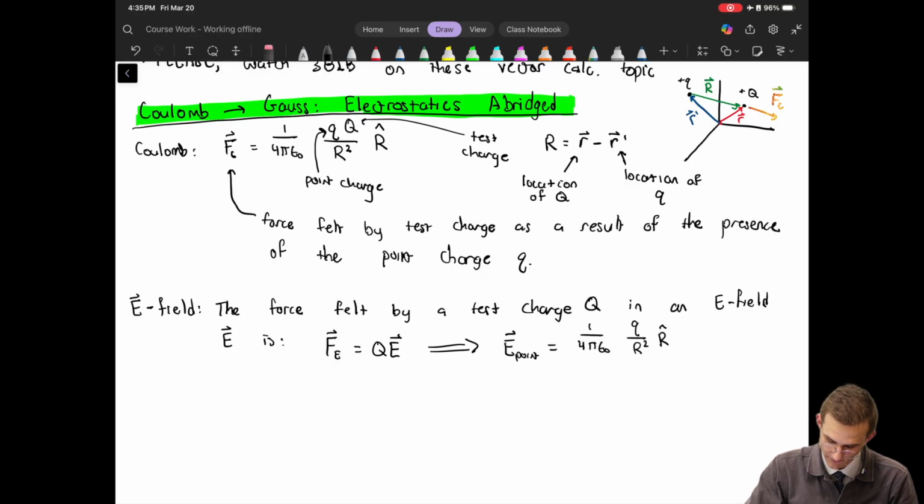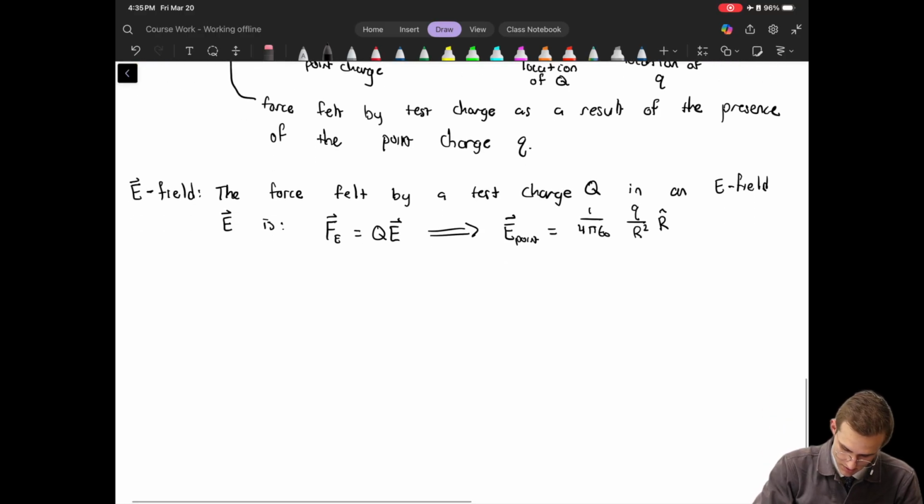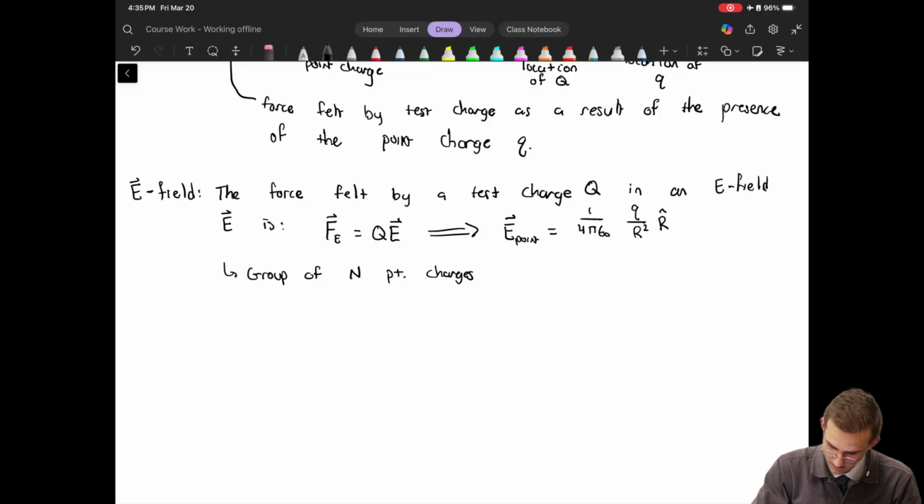If we had a group of n point charges, then the total E field that results from all of those would just be a superposition of all the fields. So you just add up all the fields.